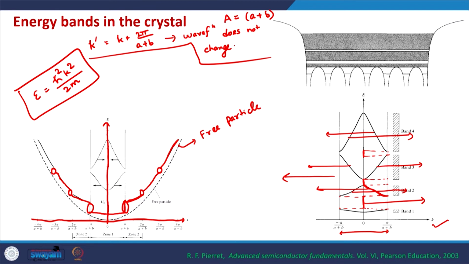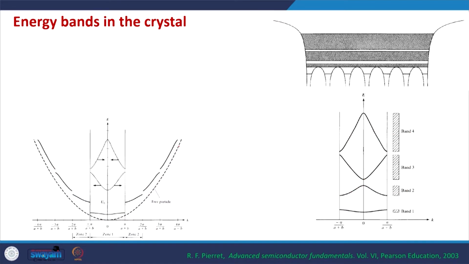So it is a parabolic relationship, which we can also see here. So we have the E-k relationship for a free electron, an electron which is free from all interactions, and we have the E-k relationship for an electron in a 1D solid.